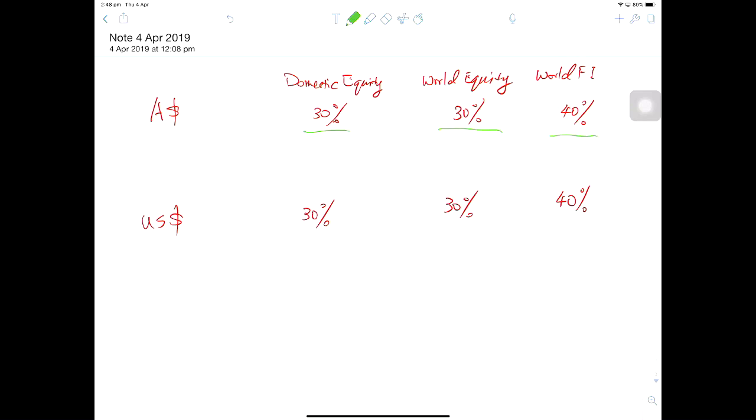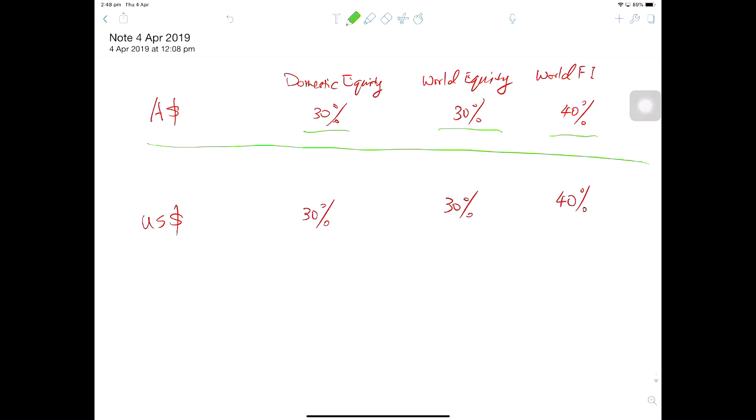Remember the bar chart I talked about: 90% of the total portfolio variation. So with my Australian investor, probably about 90% of the total portfolio variation can be explained by world equity.